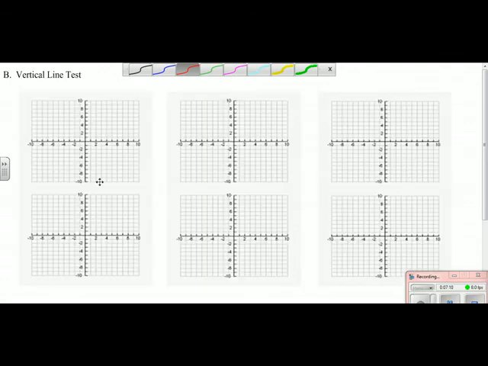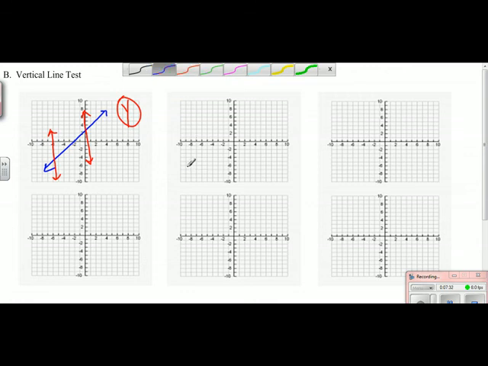Now, let's try some vertical line test examples. So if I give you a line like this, no matter where I draw that vertical line, this will pass. This is a function.